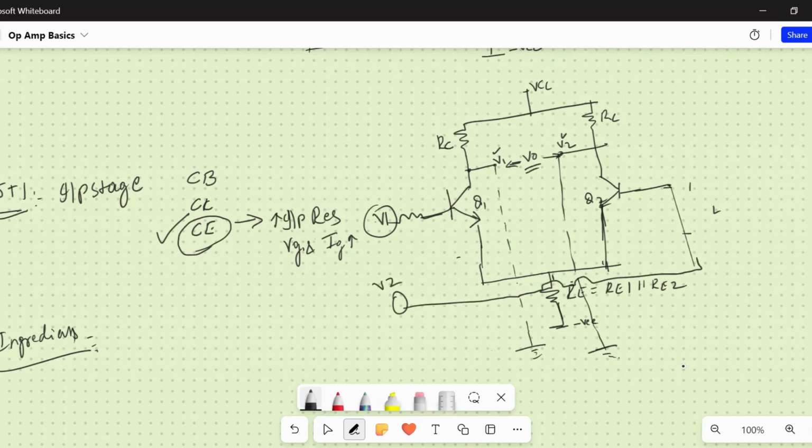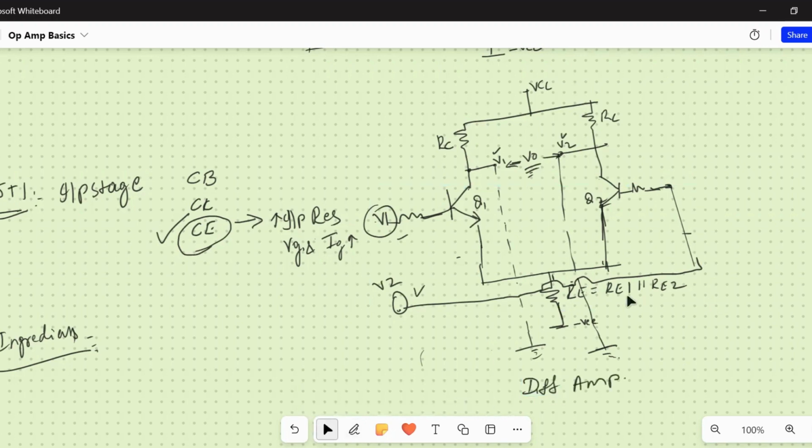So this is nothing but your V2, some base. Now, this is V2 signal and this is V1 signal. The difference of the V1 and the V2 will give you V0. So that's why it is called a differential amplifier.